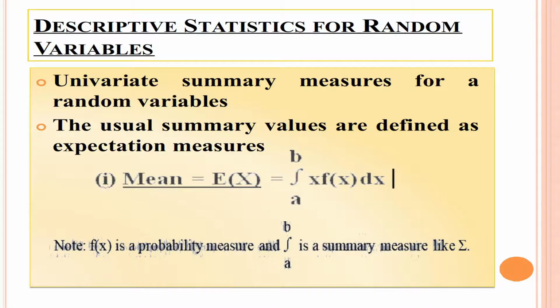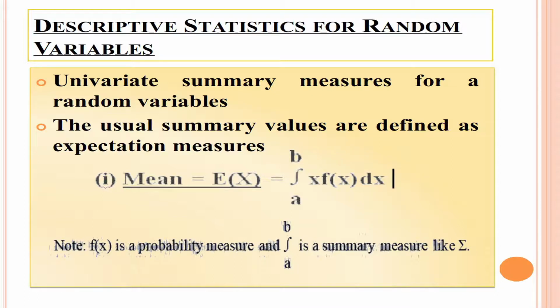Now, let us see some of the descriptive statistics defined for random variables. Similar to normal mathematical variables, we may define univariate and multivariate measures for the random variables as well. The usual summary values are defined as expectation measures in random variables. For instance, mean is defined as the expected value of x.